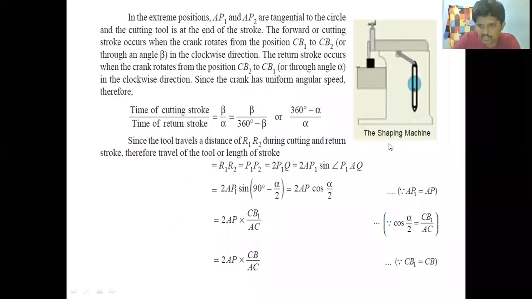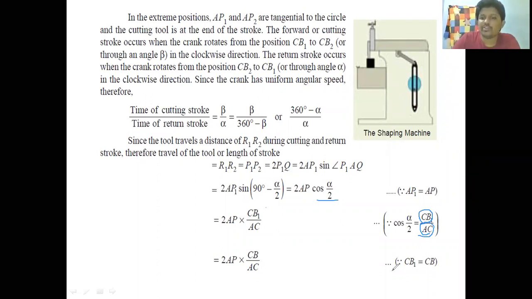The adjacent part is CB1, the hypotenuse part is AC. So cos alpha by 2 is CB1 by AC. Again, I am assuming that CB1 is equal to CB2. We got the relation.